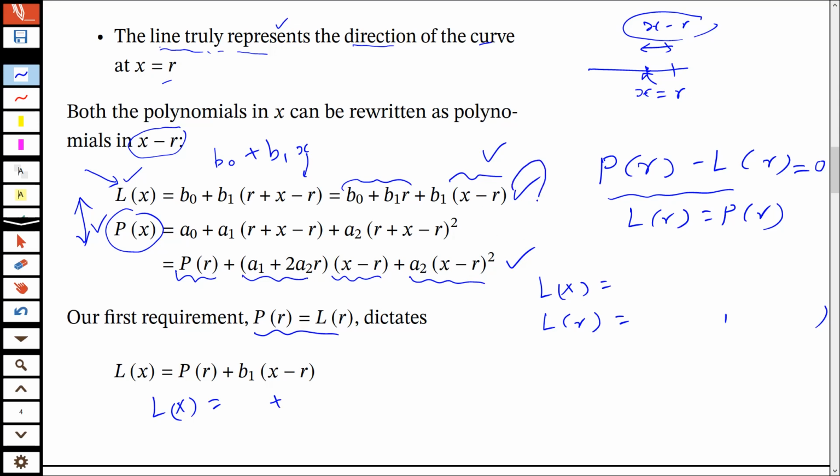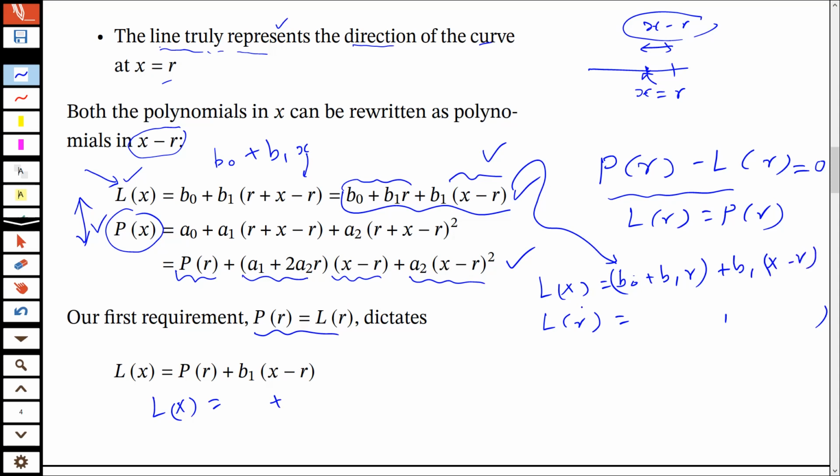You see, this was the trick. I expressed L of x in terms of x minus r. So if I go with that, I have b0 plus b1r, the constant, plus b1 times x minus r.